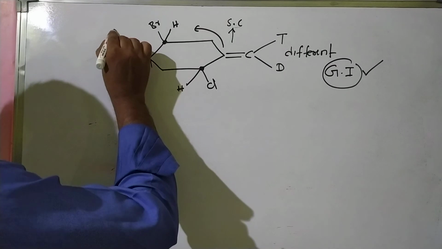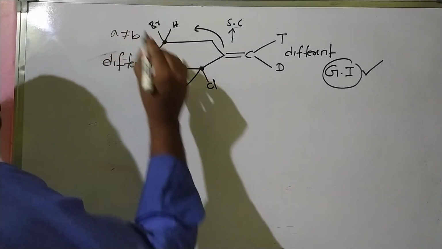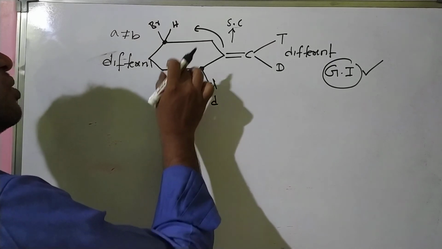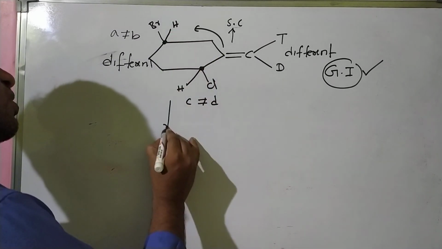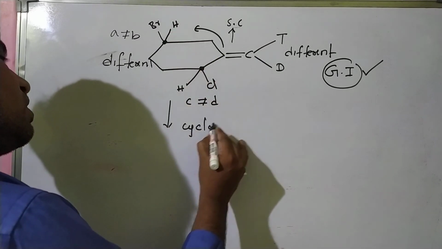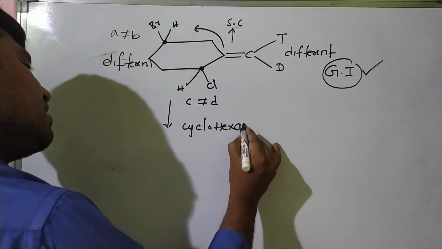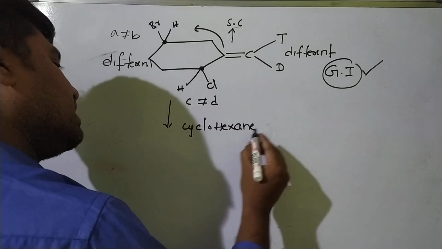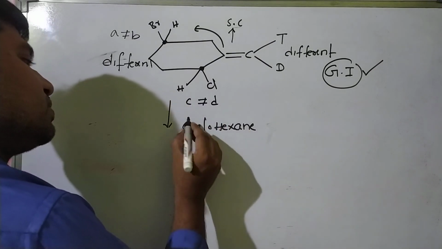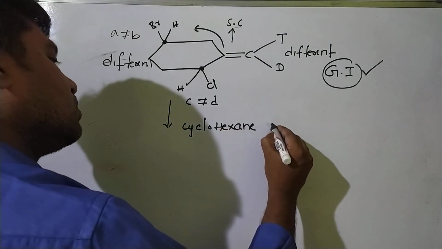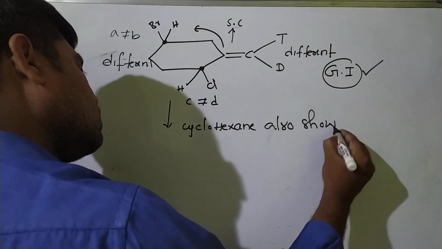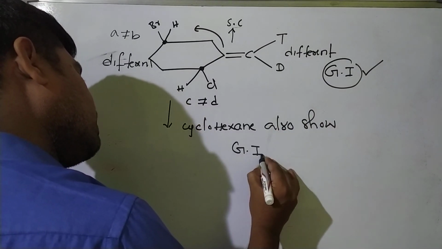Means A not equal to B, and here C not equal to D. Definitely the cyclohexane ring also acts as a stereo center and shows geometrical isomerism.